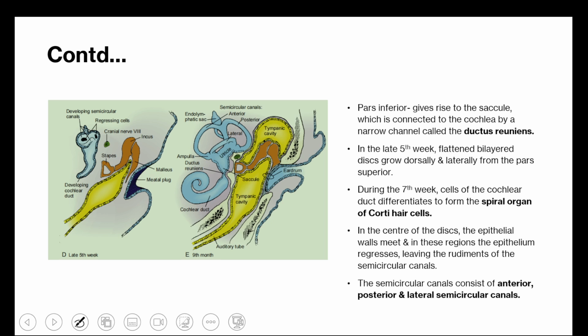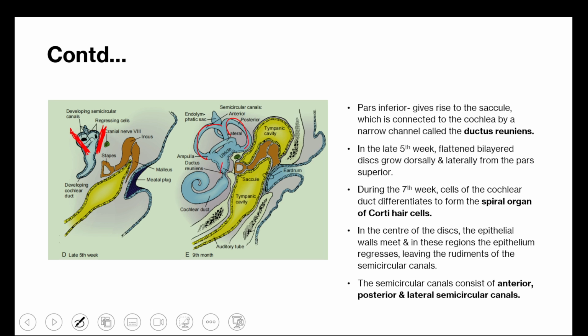Next we see that the pars superior begins to flatten dorsolaterally, and this dorsolateral growth of the pars superior leads to the formation of the semicircular canals.